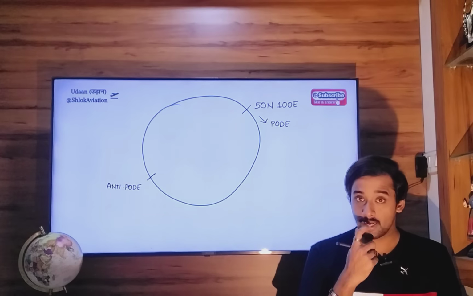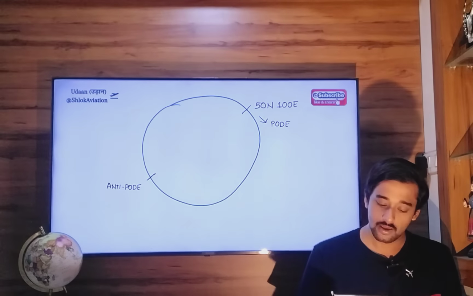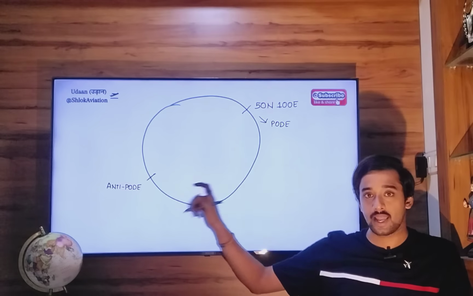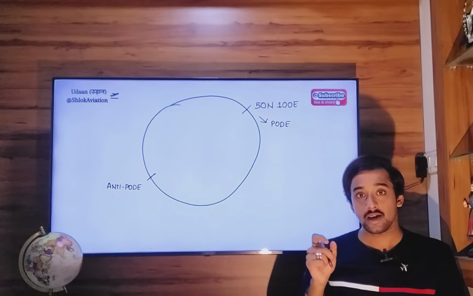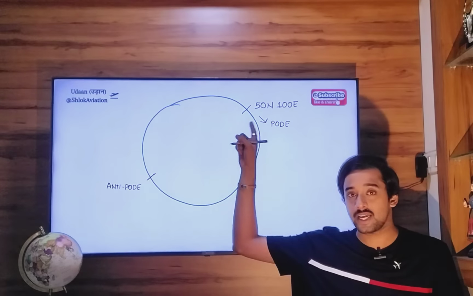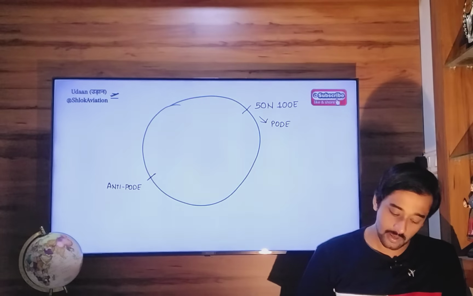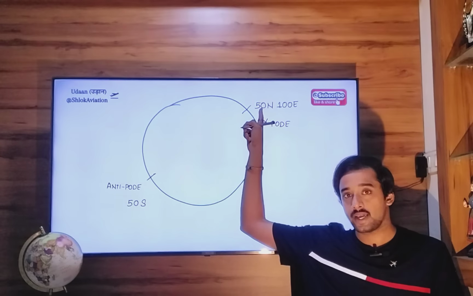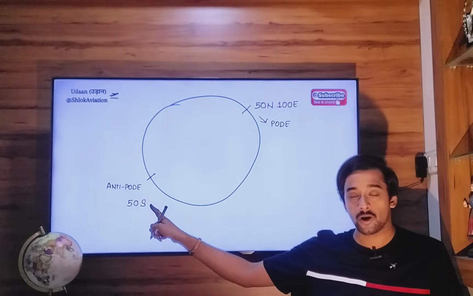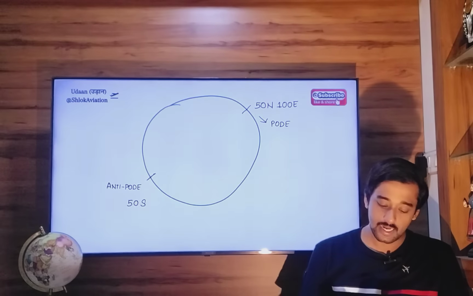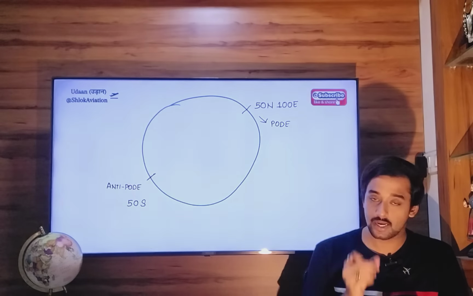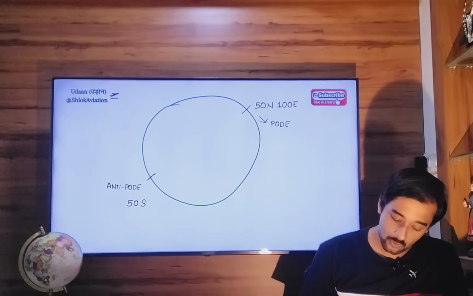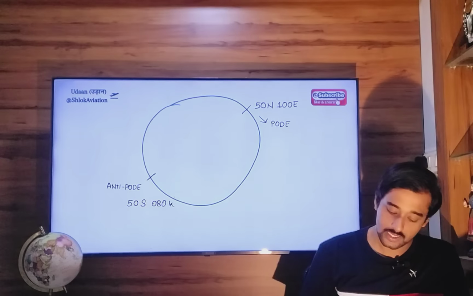So the coordinate of that antipodal point will be, the latitude value will be the same, hemisphere will change. So if it's 50 north, the antipodal point will be equal to 50 south, and longitude is 100 east. So the longitude of this point will be 180 minus 100, that is 80. 80° west, 080 west.